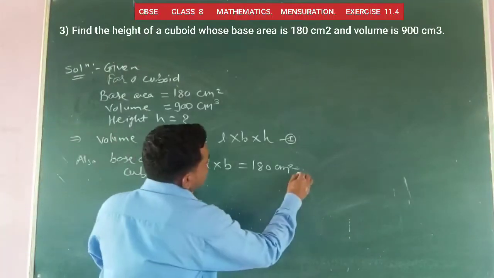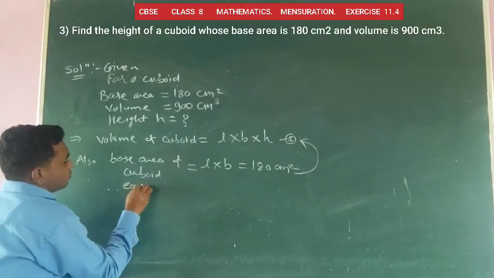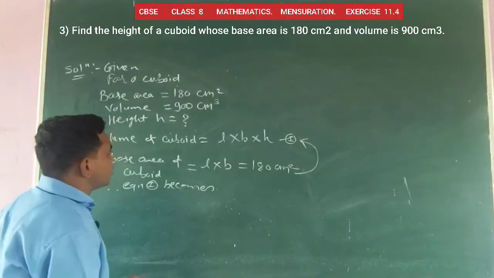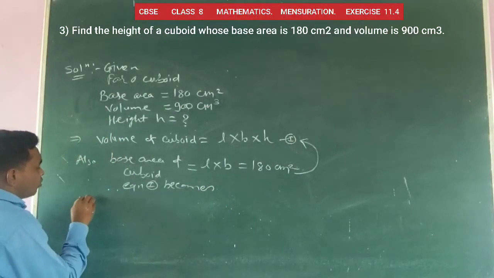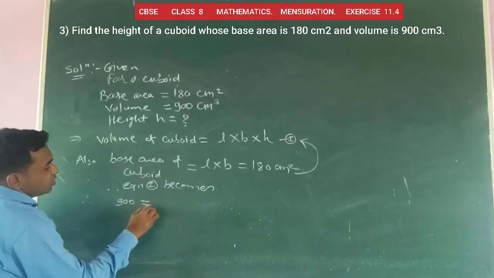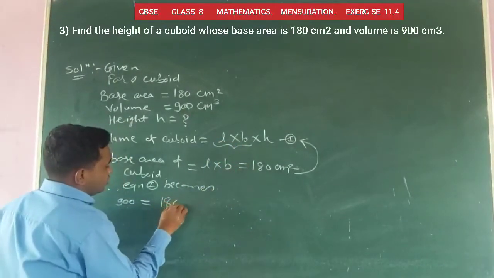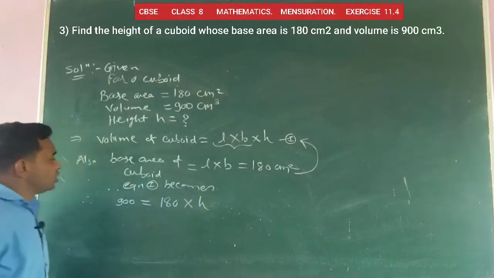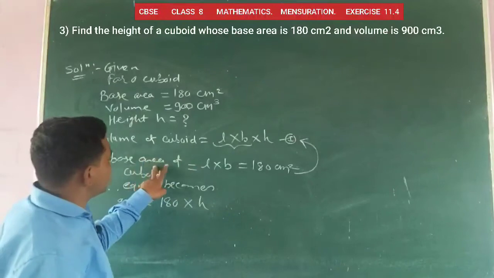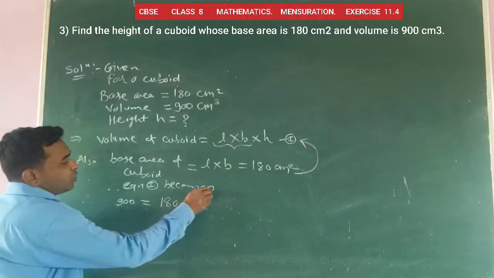So putting this value in equation number 1, the volume of the cuboid 900 is equal to L into B, whose value is 180, into H. This H is as it is, which we have to find.